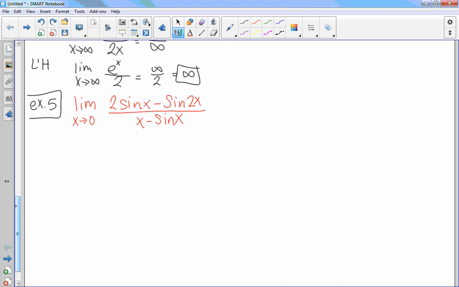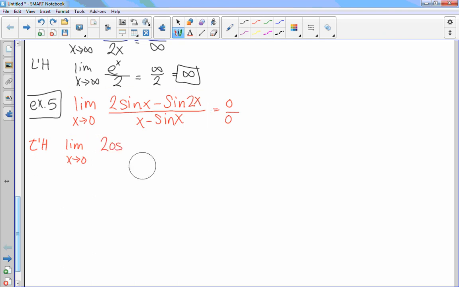Okay, so sine of 0, 2 sine of 0 minus 2 sine of 0 is just 0. And 0 minus sine 0 is also 0. So, L'Hopital's rule, making sure you're doing your chain rules correctly. The derivative of 2 sine, Alex? 2 cosine.